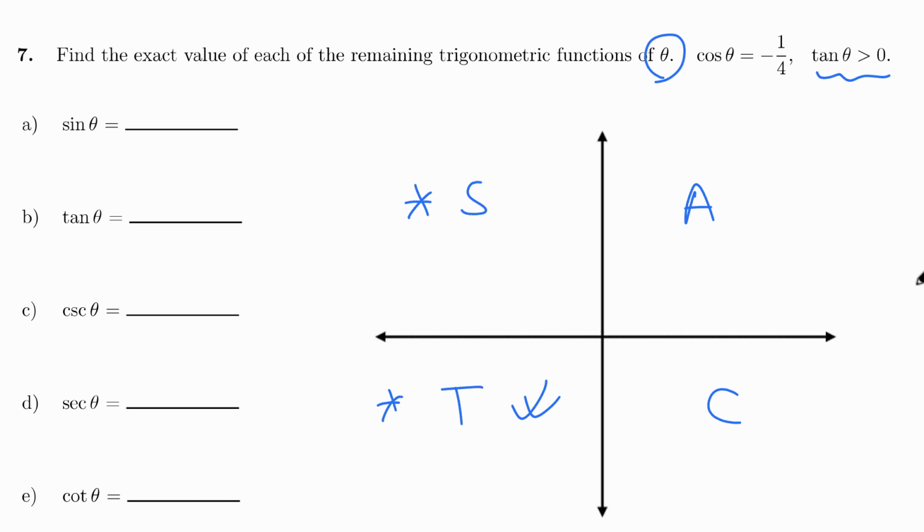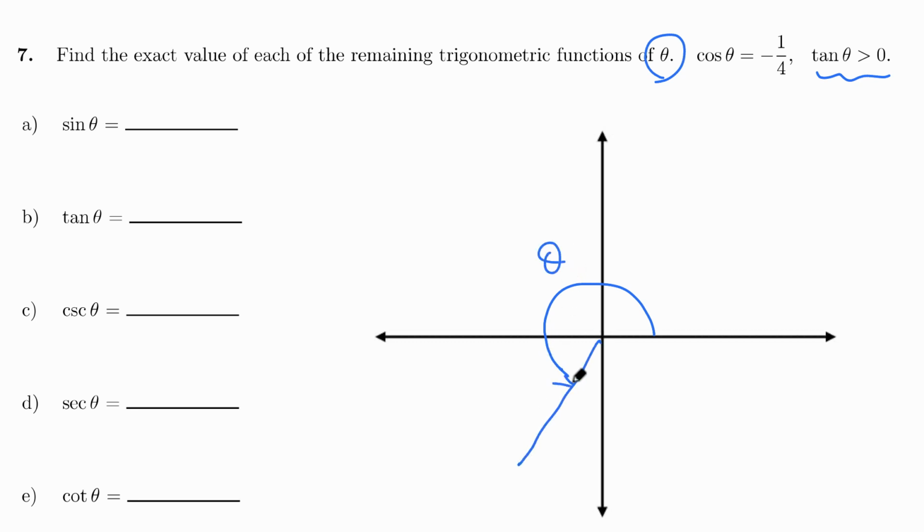Okay, so let's draw a right triangle. Theta is here in the third quadrant. It doesn't have to be exact, somewhere.